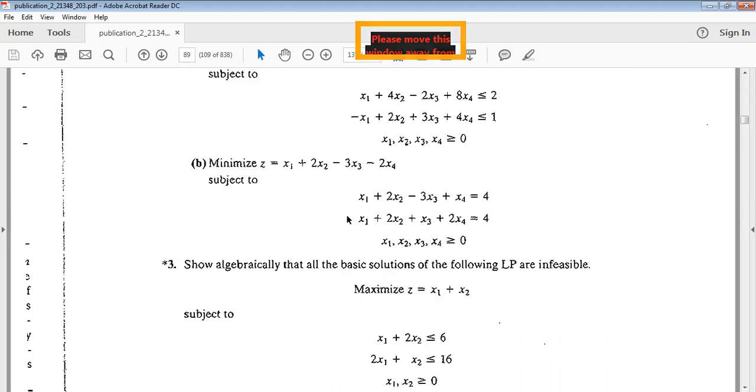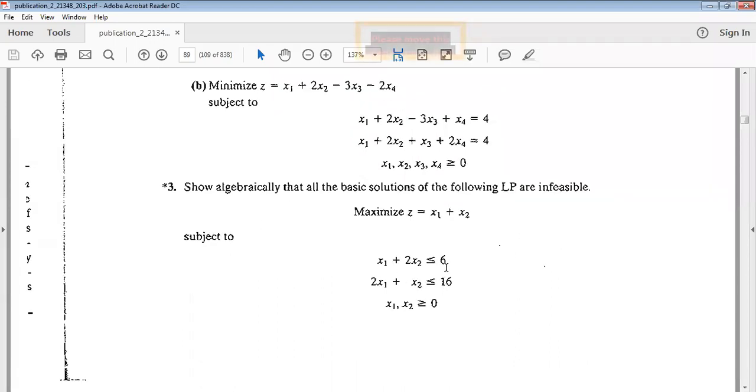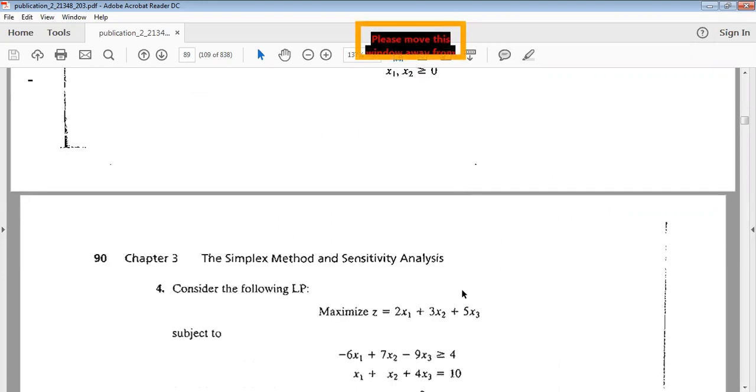This is a maximization problem. Show algebraically that all the basic solutions of the following LP problem are infeasible. Maximize z is equal to x1 plus x2 subject to x1 plus 2x2 less than or equal to 6, 2x1 plus x2 less than or equal to 16, where x1, x2 greater than or equal to 0.